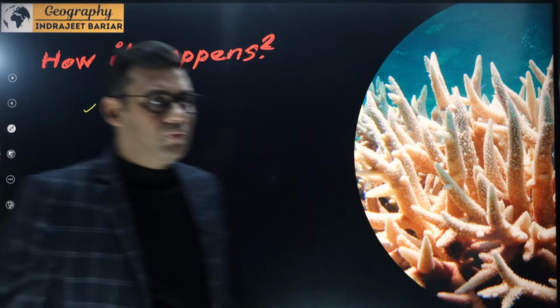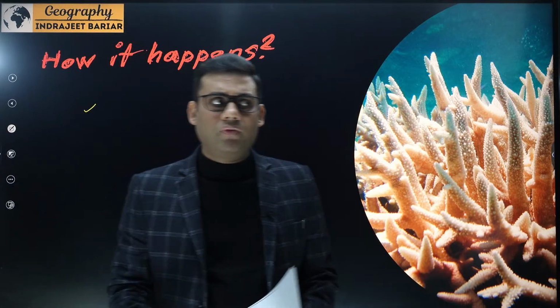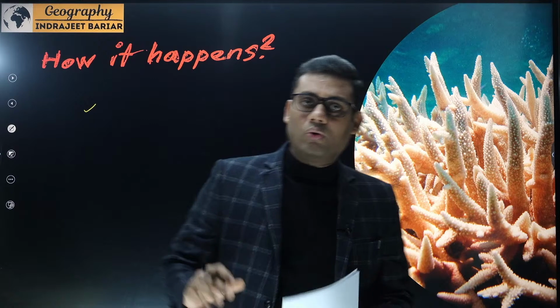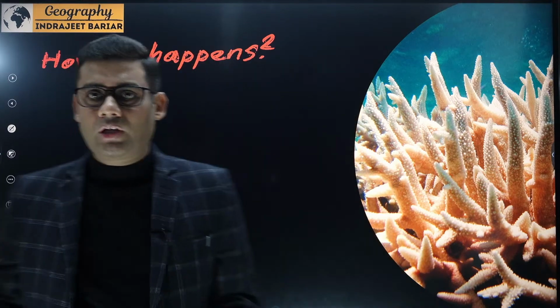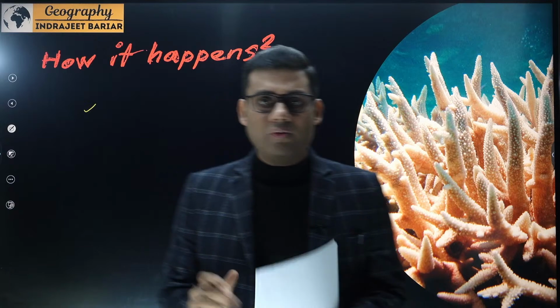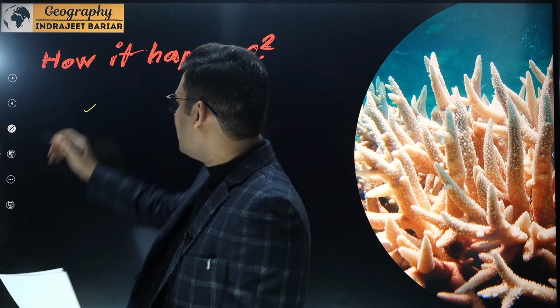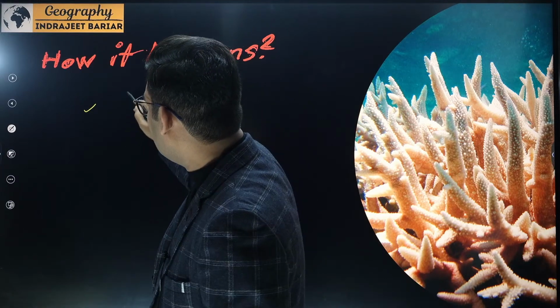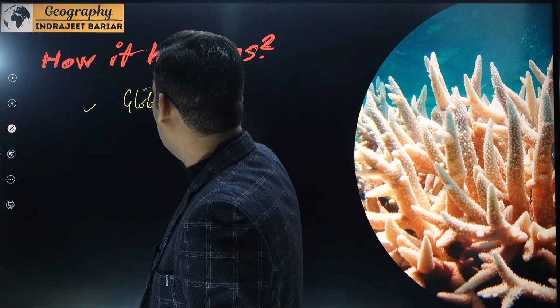The first thing, as we have said, is that whenever corals are under stress, this is going to happen. Corals have a very narrow range of temperature in which they can survive, and corals are tropical organisms. The first cause is related to global warming.